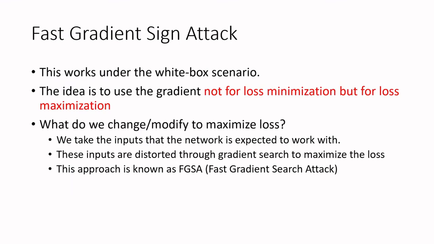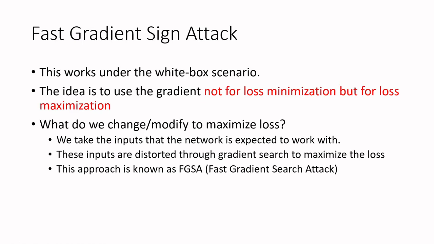We will look at a particular technique here, which is known as the fast gradient sign attack technique. This technique assumes that we are working under the white box scenario. That means this kind of attack is going to be performed by some insider and not by some outside person.